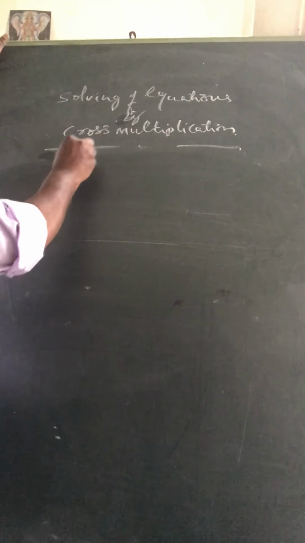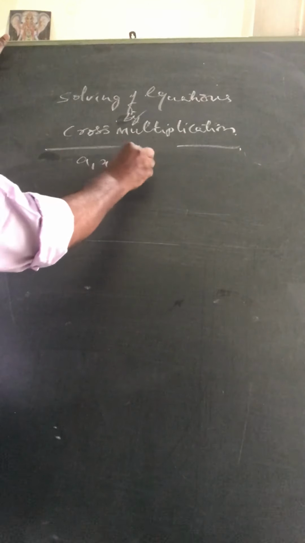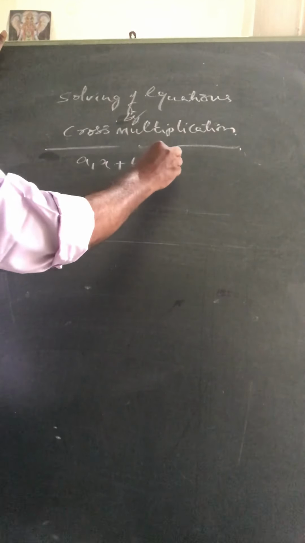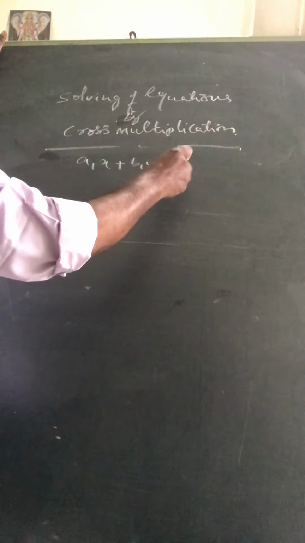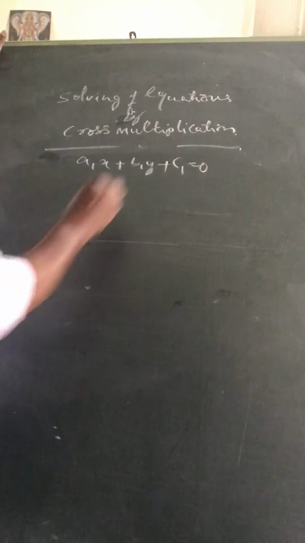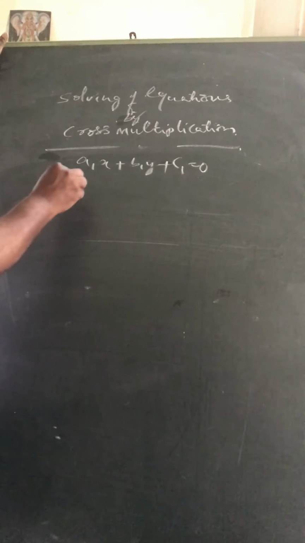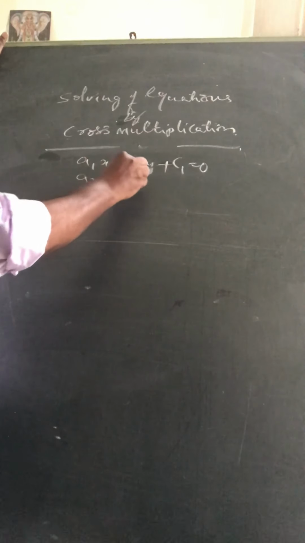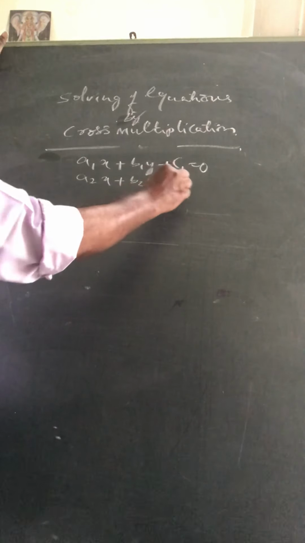In this cross multiplication method, we have to give the equations in the general form of linear equations in two variables, that is a1x plus b1y plus c1 is equal to 0, a2x plus b2y plus c2 is equal to 0.